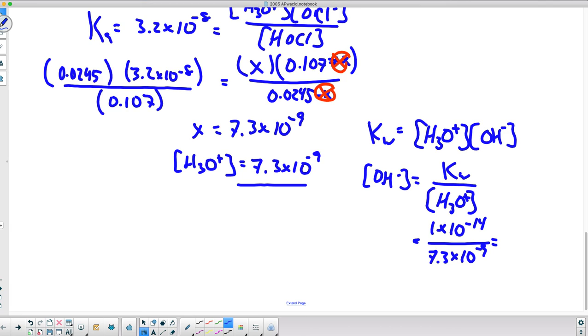This, by the way, is the answer to II. And over here is the answer to III. And this equals 1.4 times 10 to the negative 6th.